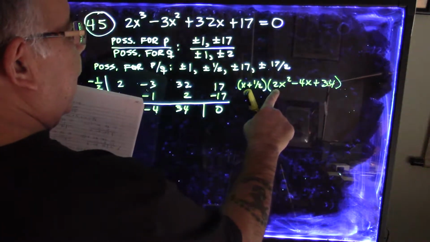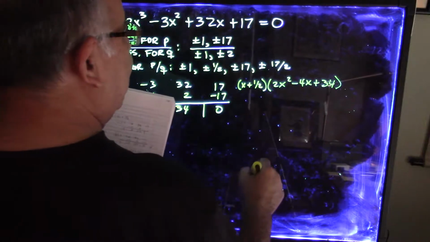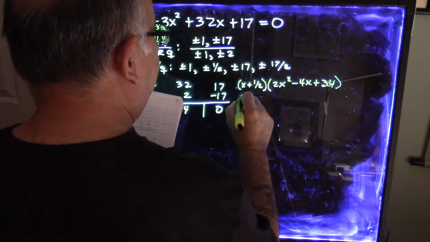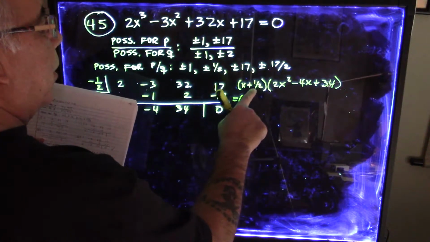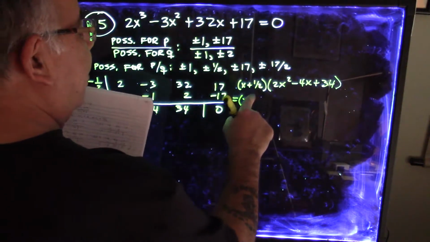And we can get a common factor of 2 out of this quadratic, bring it outside. And if you multiply the 2 times this one, you're going to clear that fraction.